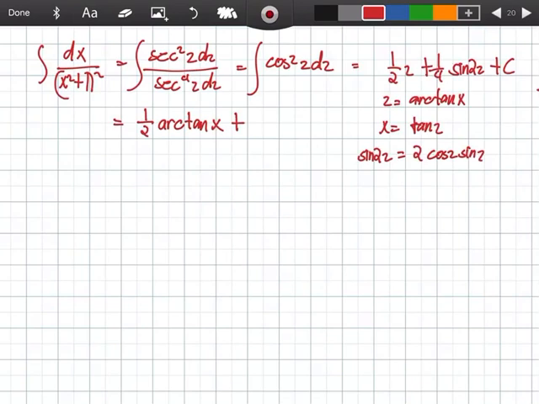Okay, so since x is tan z, x is equal to sine z over cosine z.